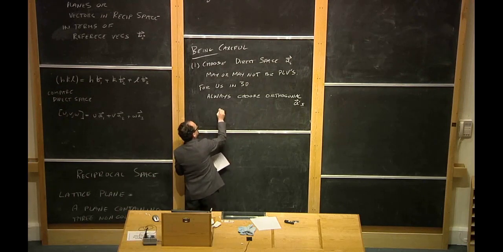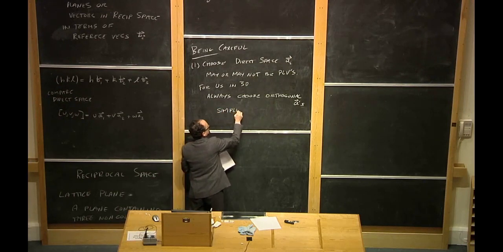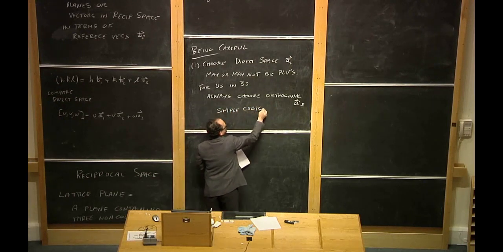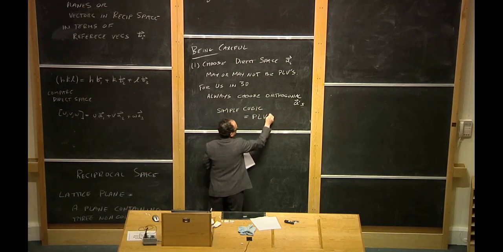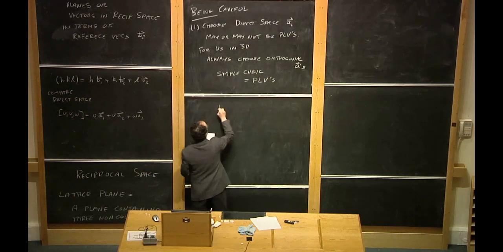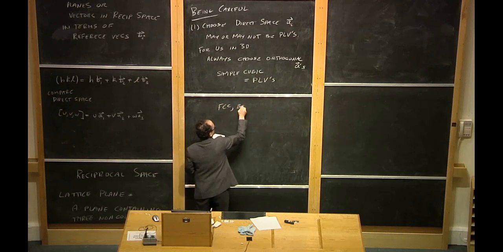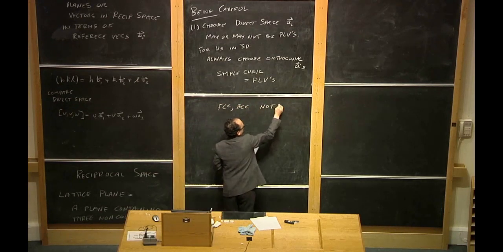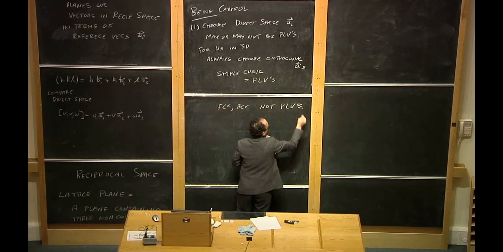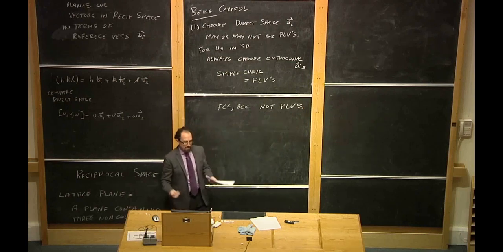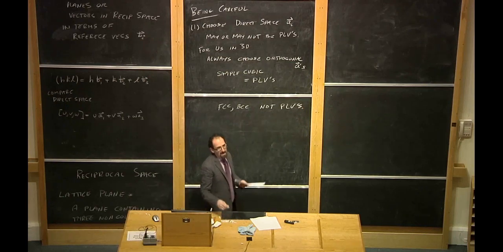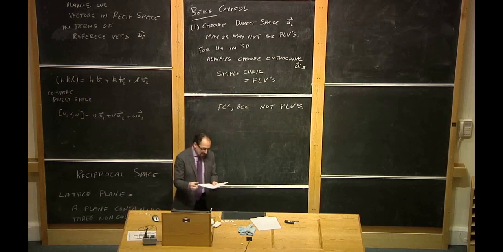That means for simple cubic, these are primitive lattice vectors, PLVs, but for FCC and BCC, these are not PLVs. But they have the advantage of being orthogonal, so they make your life a lot easier because it's a lot easier to work with things that are orthogonal than things that are not orthogonal.